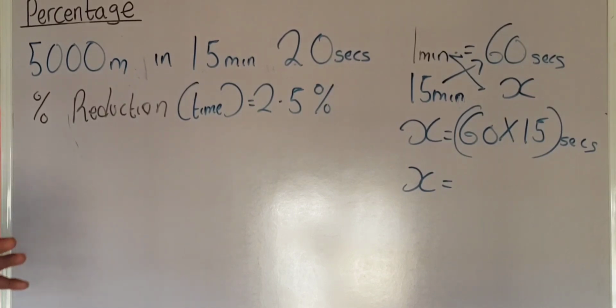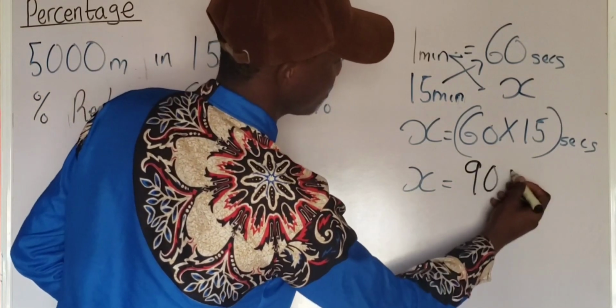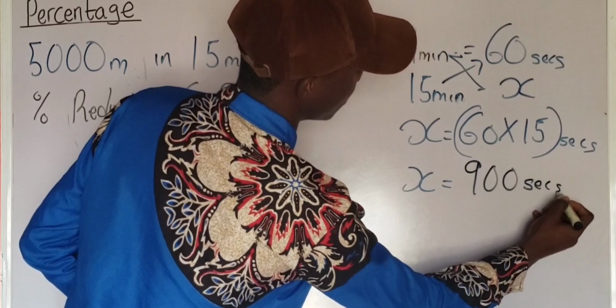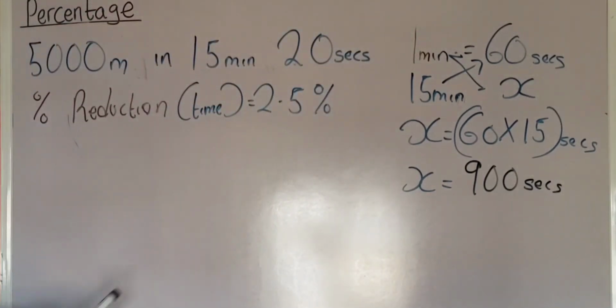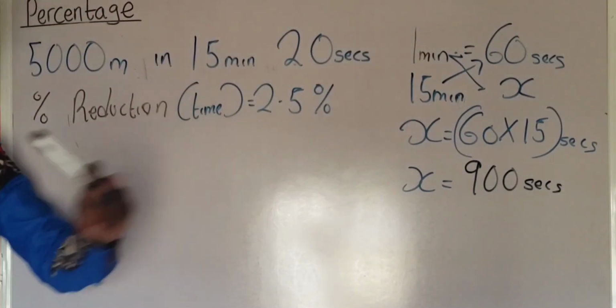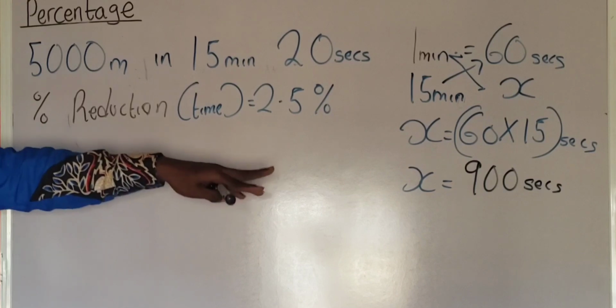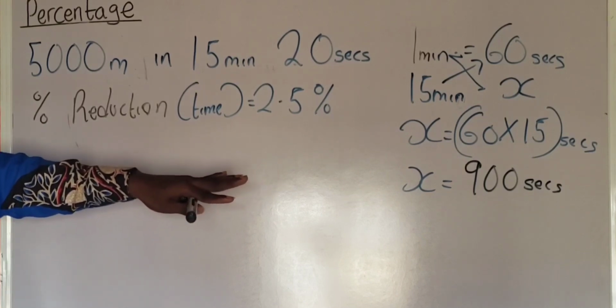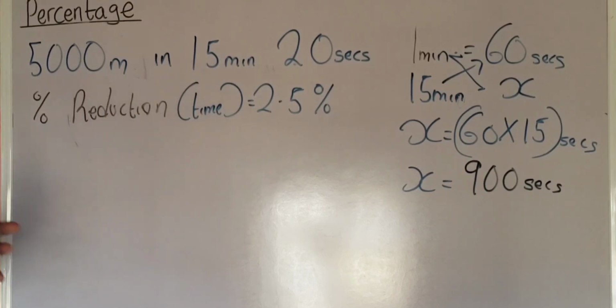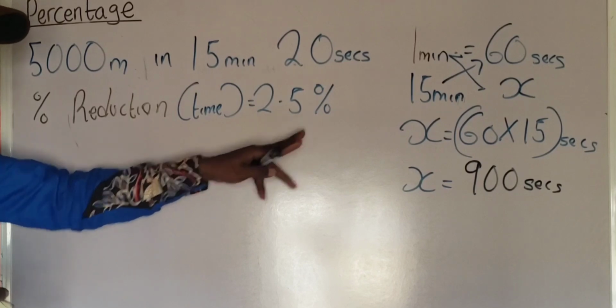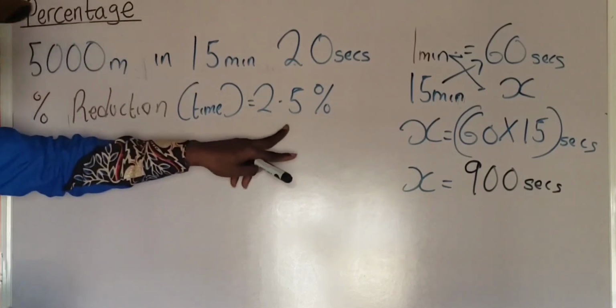So the total time taken to run 5,000 meters is what? 900 seconds. Now we can easily determine the 2.5% of the total time taken initially. It is this time that will reduce by 2.5%.